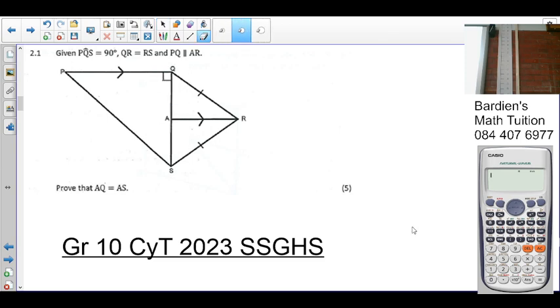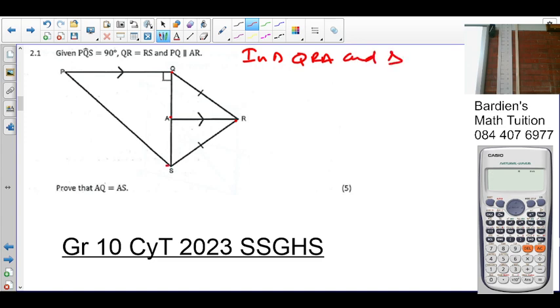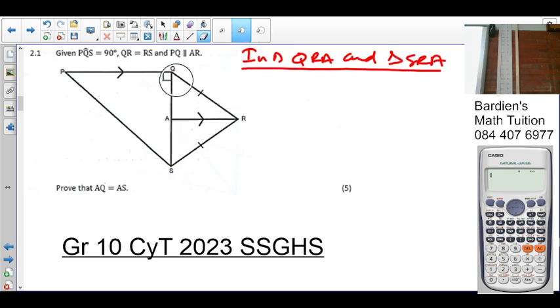Okay. So for congruency, there's four cases: side, side, side; side, angle, side; angle, angle, side; and RHS. I think we're going to use RHS in this case. But let's see. Firstly, how do we start congruency? We say in triangle QRA and triangle SRA, what can we say about those two triangles?